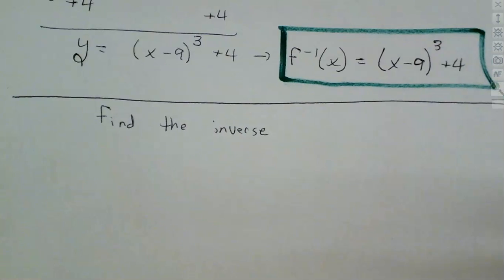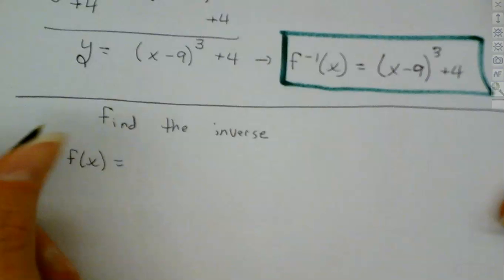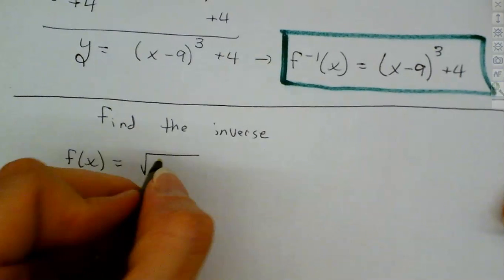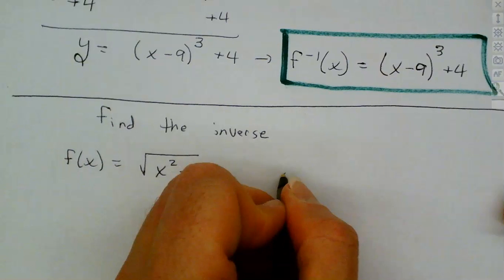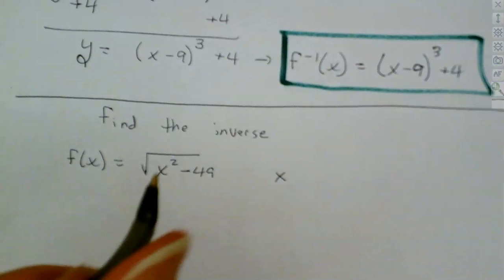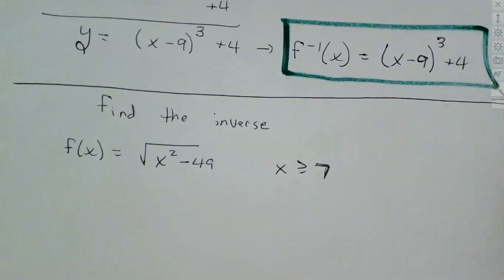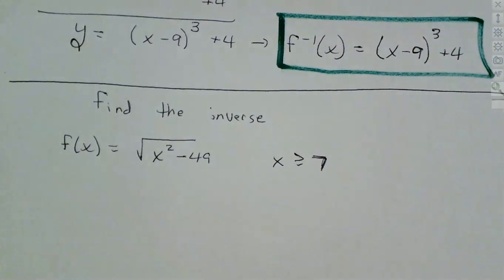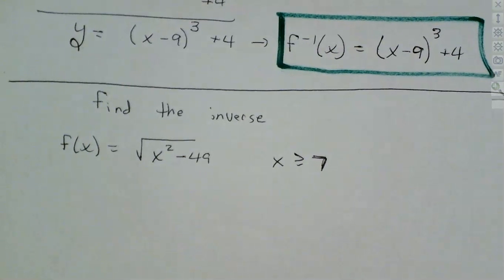So here's another one we're going to find the inverse on. And this is very, very similar to question 6 in your homework. So this one has an inverse, right? Even though it has a square, because we restricted the domain.